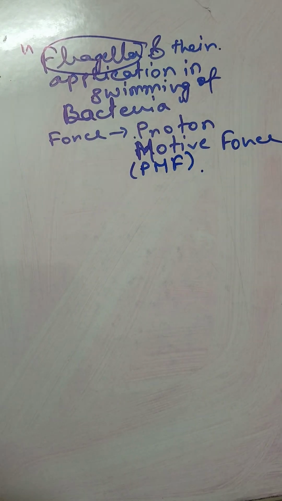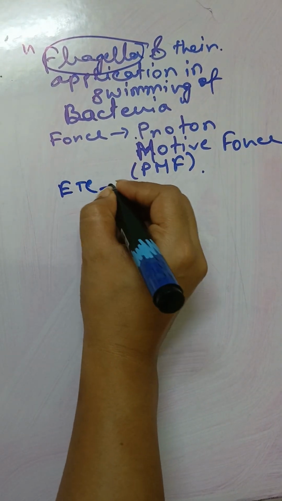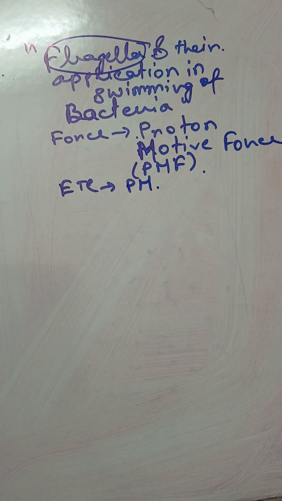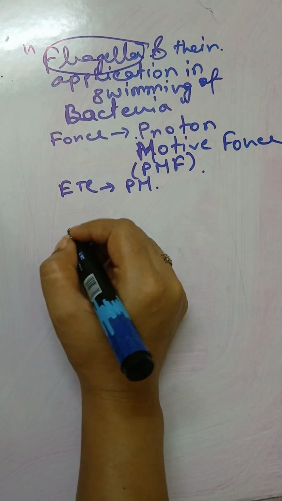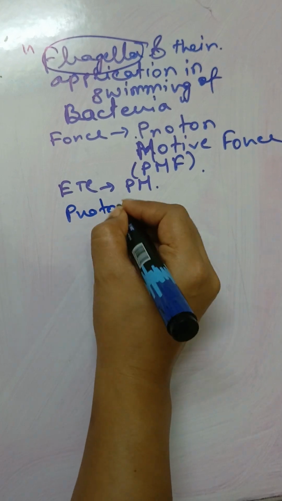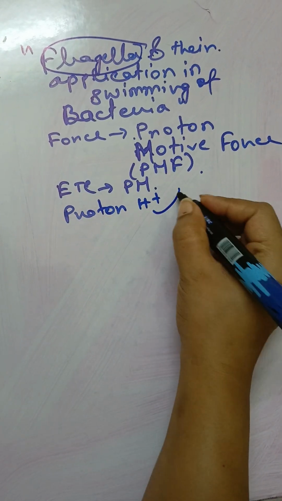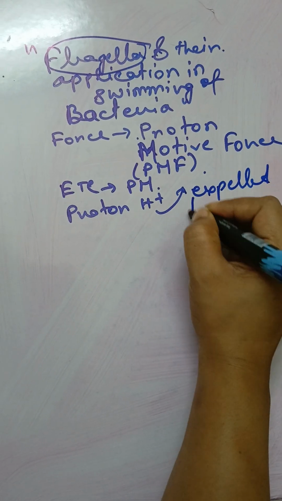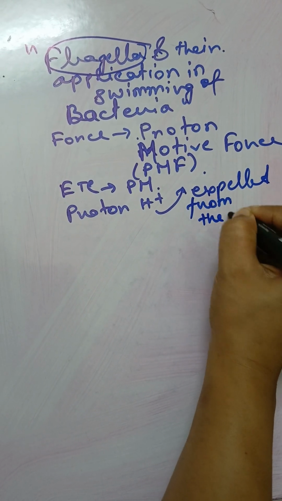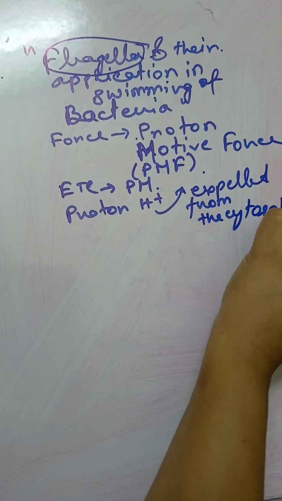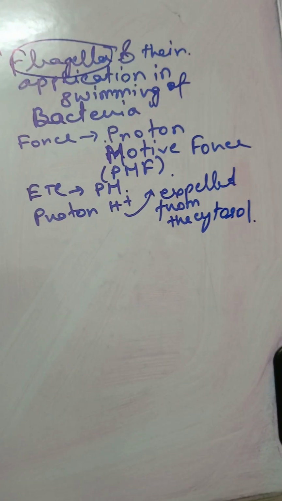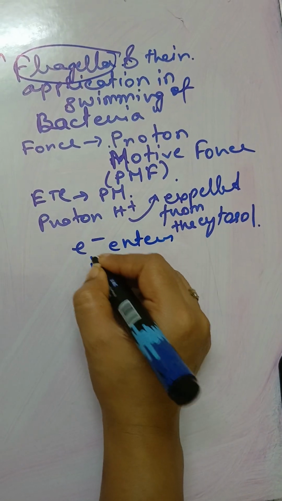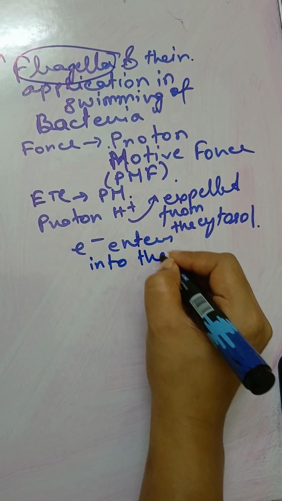Now, you all know that the electron transport chain occurs in the plasma membrane. So during the electron transport chain, what happens? Protons are expelled or transported out from the cytosol, and electrons enter into the cell.